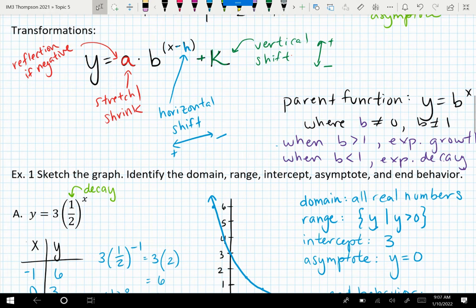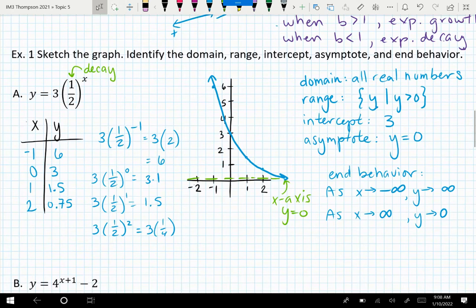It's getting pulled and stretched up. So the 1/2 makes this go down to the right instead of up to the right. It's an exponential decay. But the 3 stretches it out. So instead of having an intercept of 1, it has an intercept of 3. It's going to make it taller.